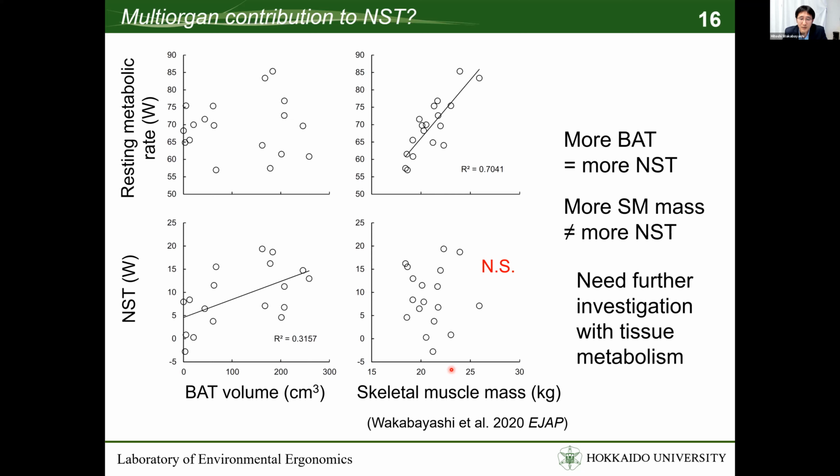However, as we explained in our manuscript, there is some limitation in the estimation of the skeletal muscle mass in our study. And also, we only focused on the volume of each organ and the correlation with the whole body metabolic rate. So we need some further investigation with evaluation of the tissue-specific metabolism.